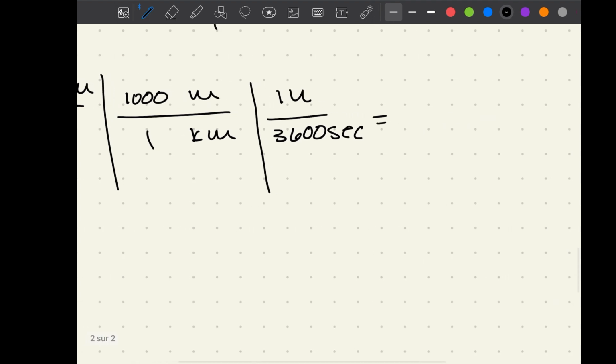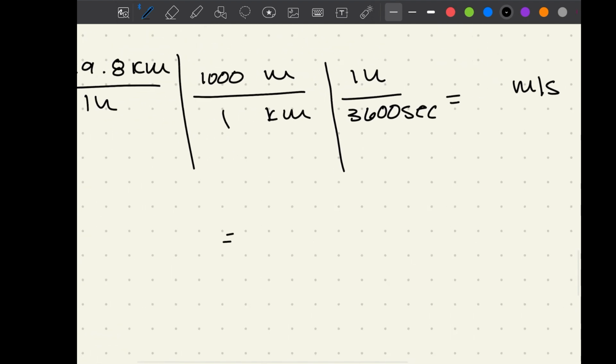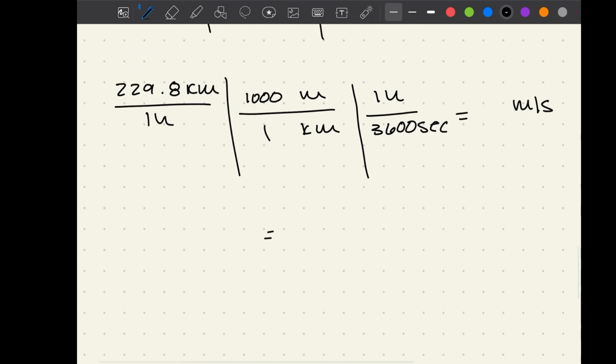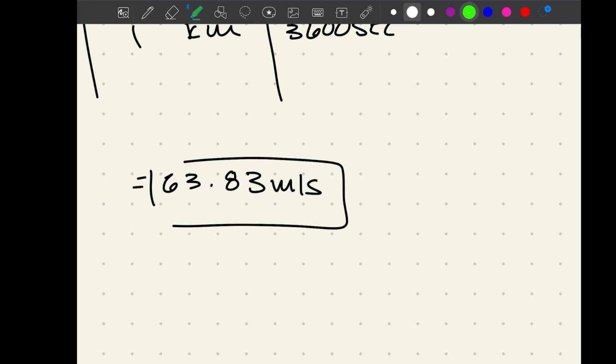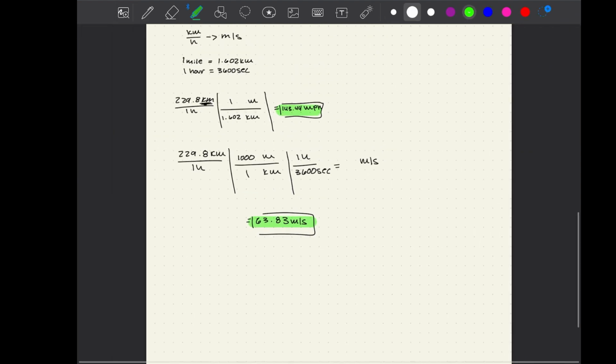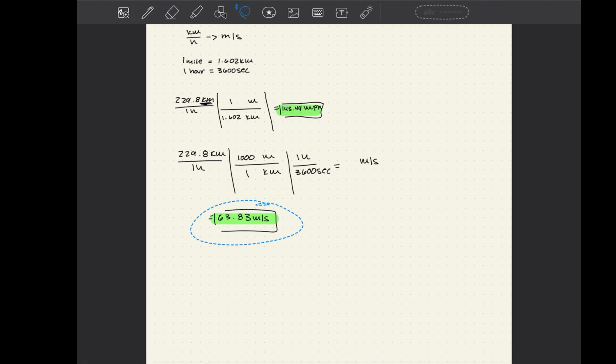Our answer would be in meters per second, which comes out to be, let me see, about 63.83 meters per second. That's our answer for, these are two answers for this question.